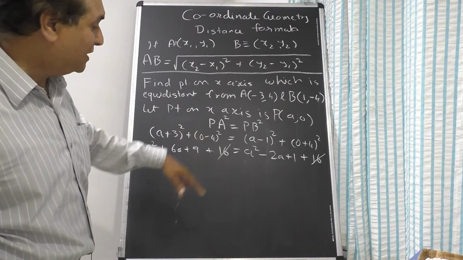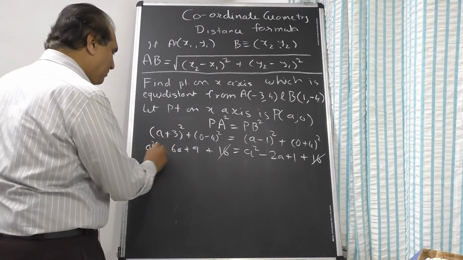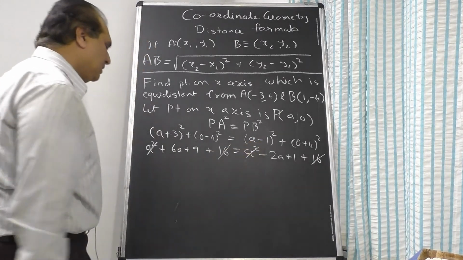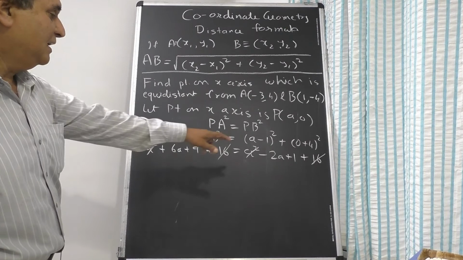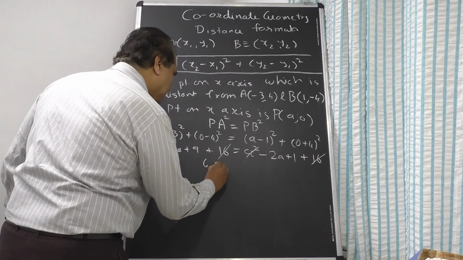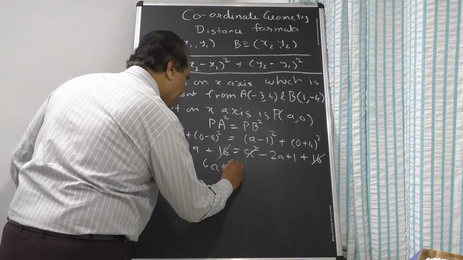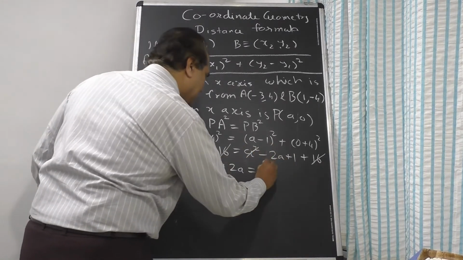Also a square and a square cancel. Now a terms one side and numbers one side. This 6a, that minus 2a on shifting this side will become plus 2a, equal to this 1 minus 9.